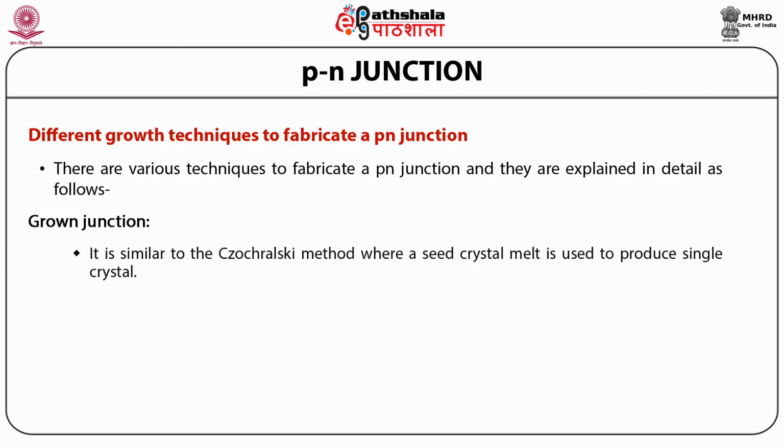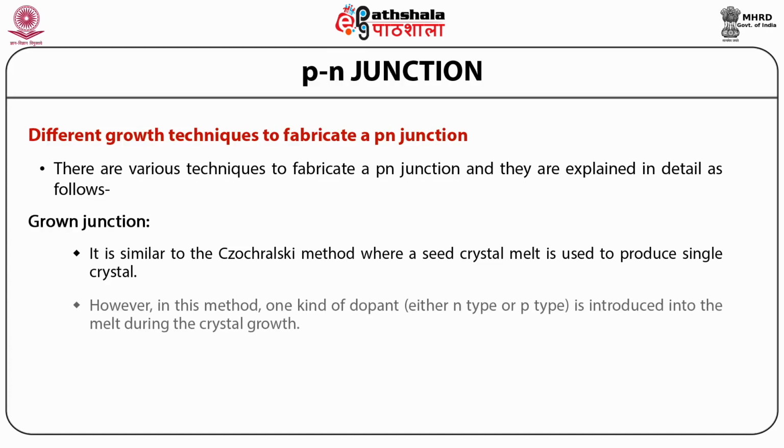It is similar to the Czochralski method where a seed crystal melt is used to produce a single crystal. However, in this method, one kind of dopant, either N-type or P-type, is introduced into the melt during the crystal growth.